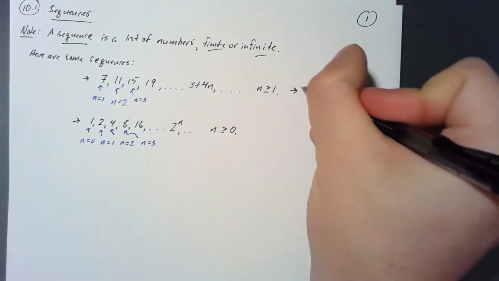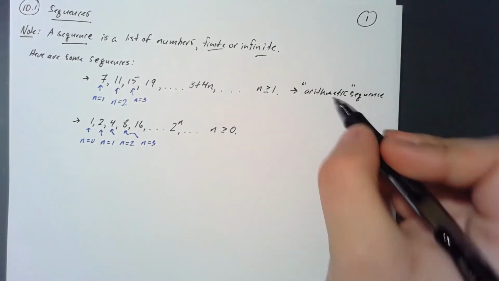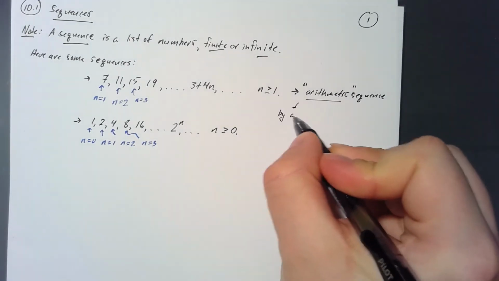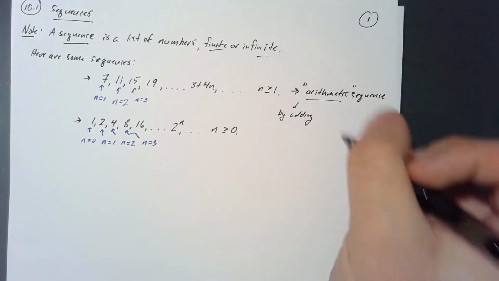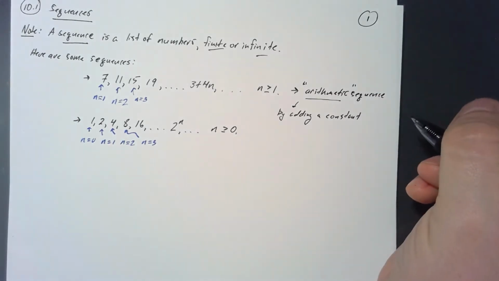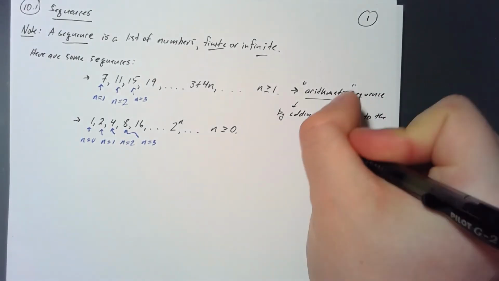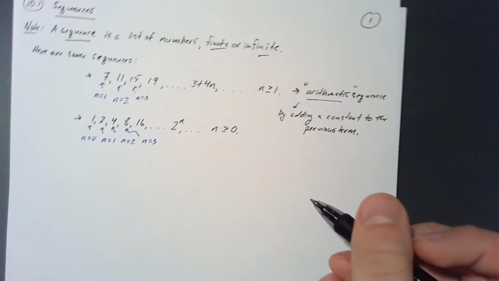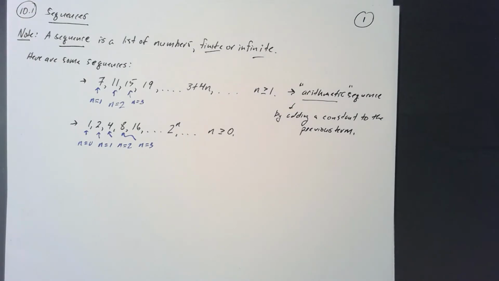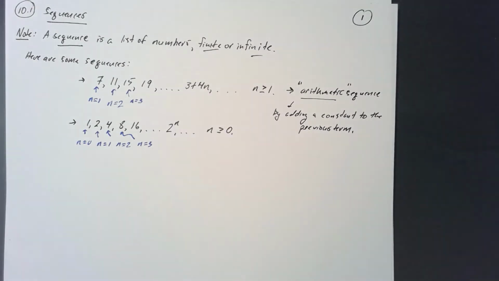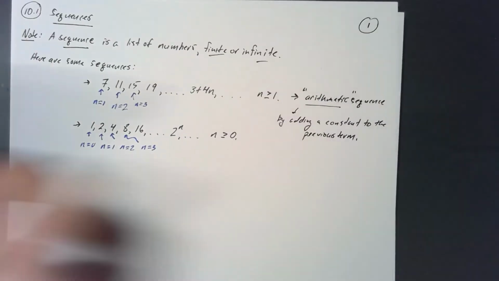Why is it called an arithmetic sequence? Because you get this by adding a constant to the previous term. So in this case, I added 4 to the previous term. This one's called arithmetic.